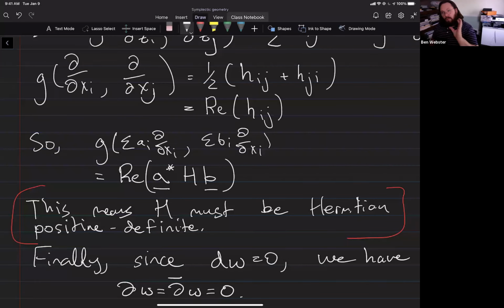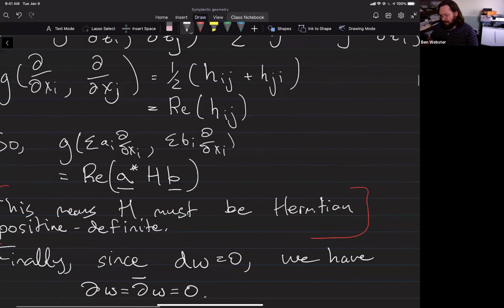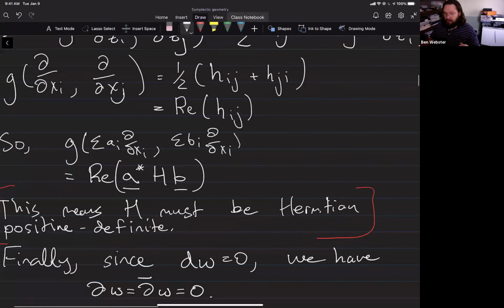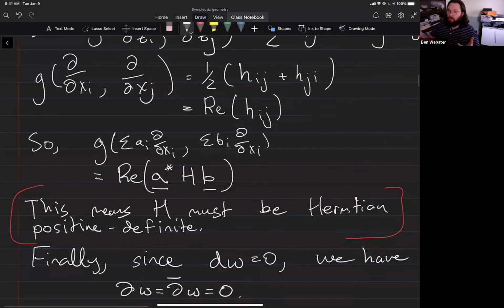So what I've told you thus far is what you would need to get an almost symplectic structure compatible with the usual complex structure on C^n. You would need a matrix H that depends on the point such that it's Hermitian and positive definite at each point.